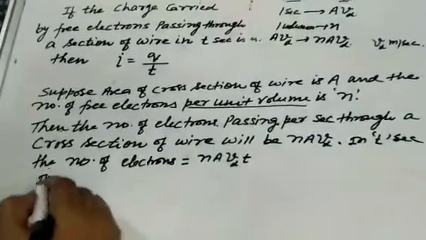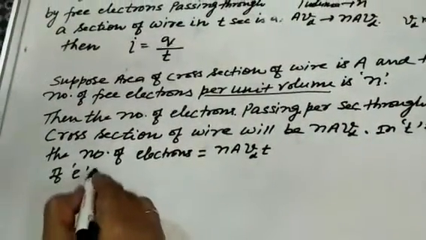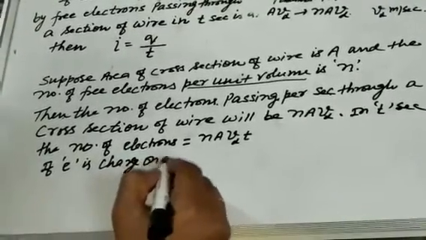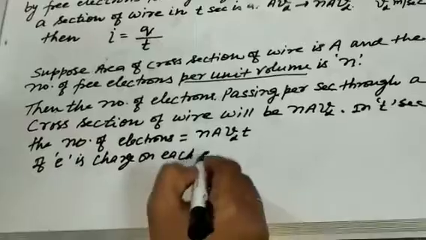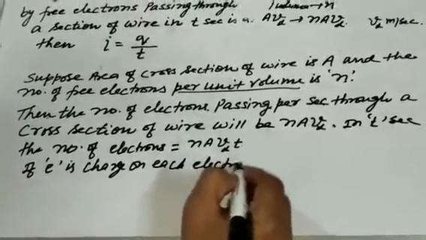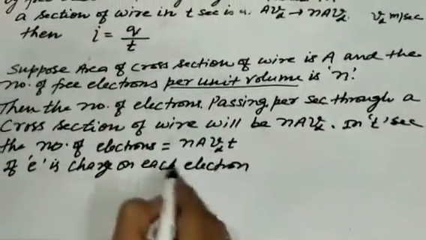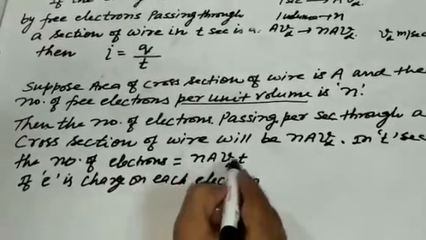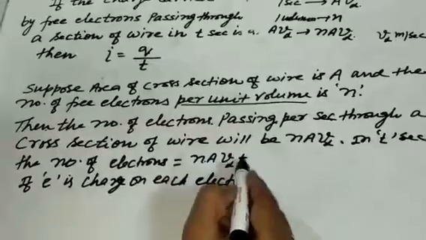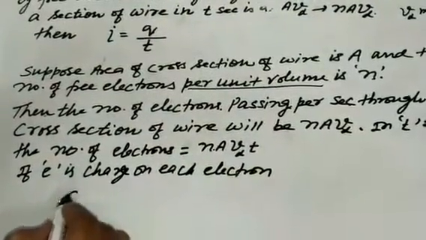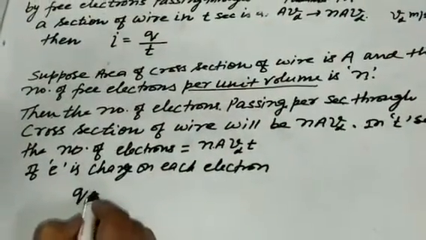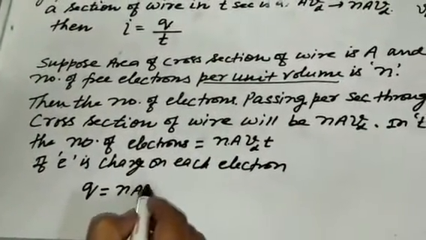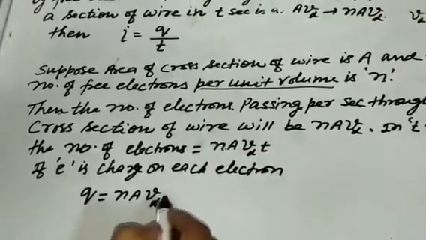If e is the charge on each electron and the total number of electrons passing in t second is nAVd into t, then the charge passing through the cross section in time t second is nAVd t into e.